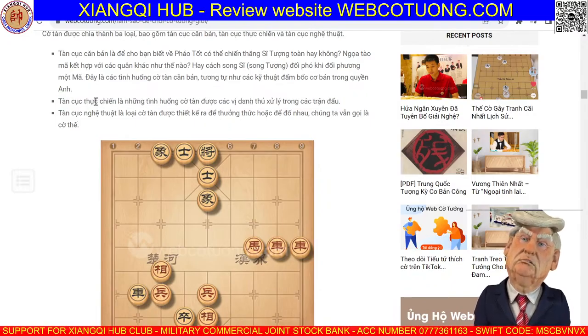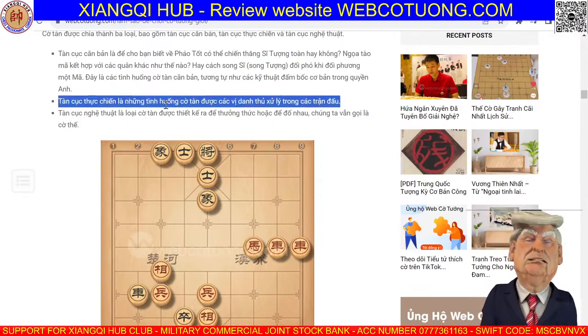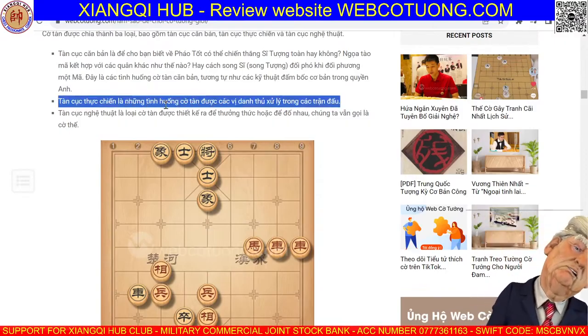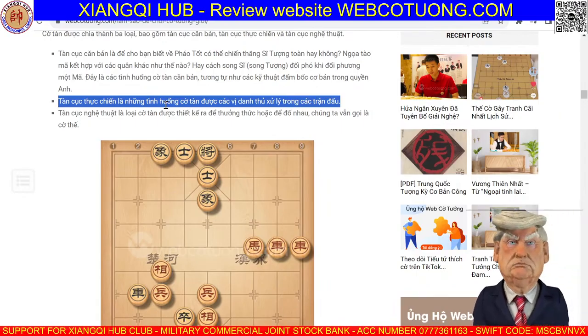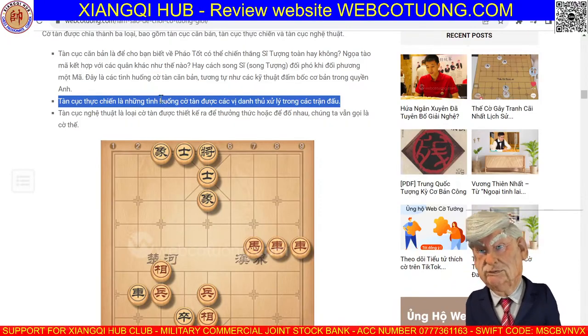And the second level of end game is the more difficult one, where you have to learn from the previous well-known players, how they handled the end game.